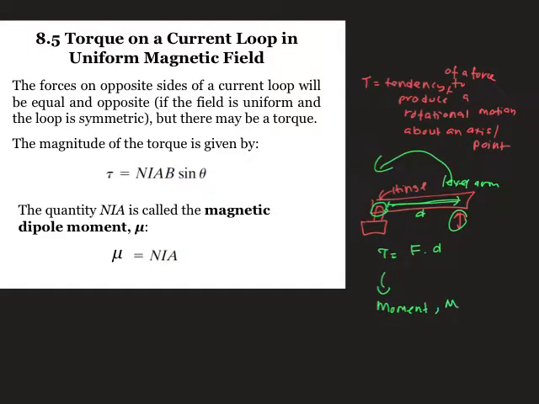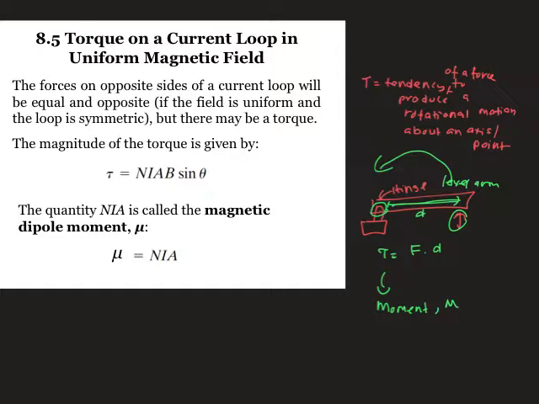Now we have a closed loop, and this closed loop is going to produce a circular motion. Mostly, the question will ask you the direction of the loop, whether it moves clockwise or anti-clockwise, based on the current and the magnetic field given. But before we find that direction, we are going to derive a formula for torque.